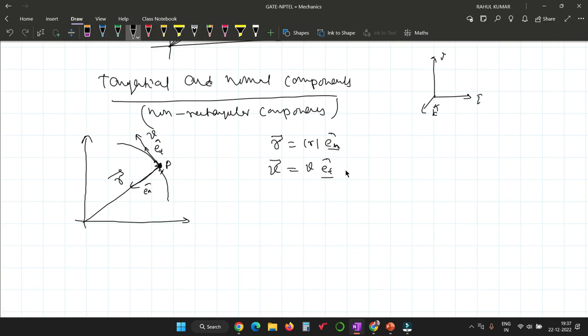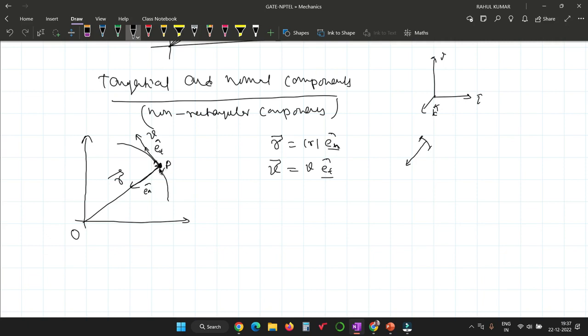It is nothing but the unit vector to represent the direction. Sir, r bar's direction is generally given with respect to the origin, so e_n should also be along the same line from O. Yeah, e_n is directly along the perpendicular; if this is the arc, this is the perpendicular. That's why I'm saying that e_n is perpendicular.